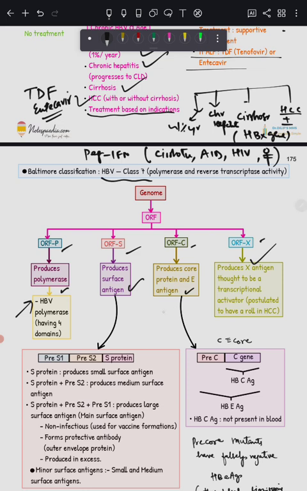Third is ORFC: core antibody means past infection, E antigen means replication. Whereas ORFX, that is a transcription activator, is the oncogene that causes HCC risk. So there is a mnemonic: PSCX, polymerase, surface antigen, core antigen, X means cancer.